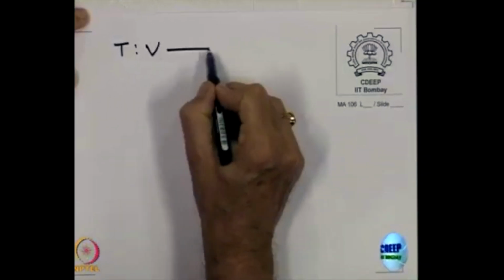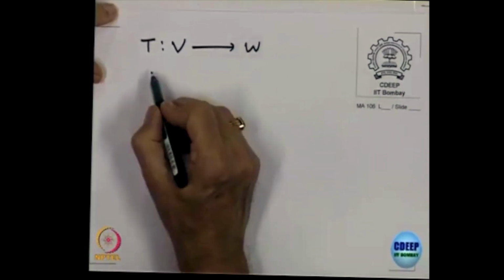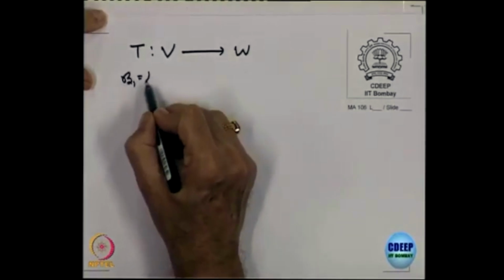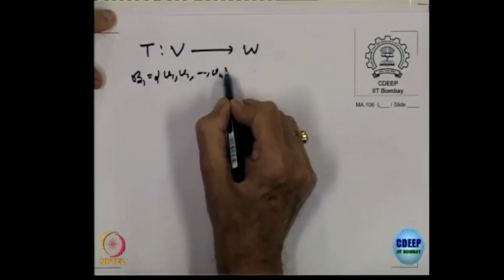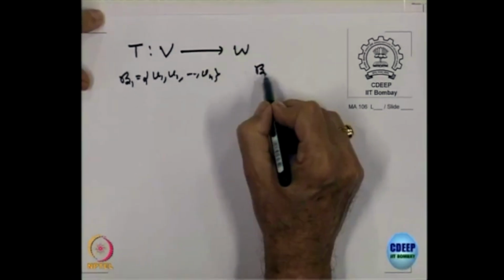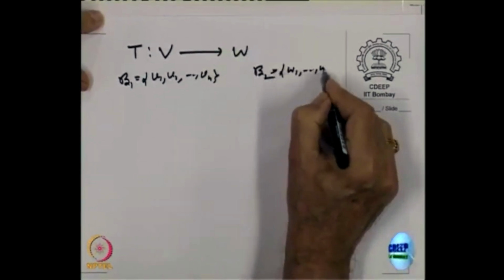So T is from V to W. Here you have a basis B1, which is V1, V2, ..., Vn. Here you have a basis B2, which is W1, ..., Wm.